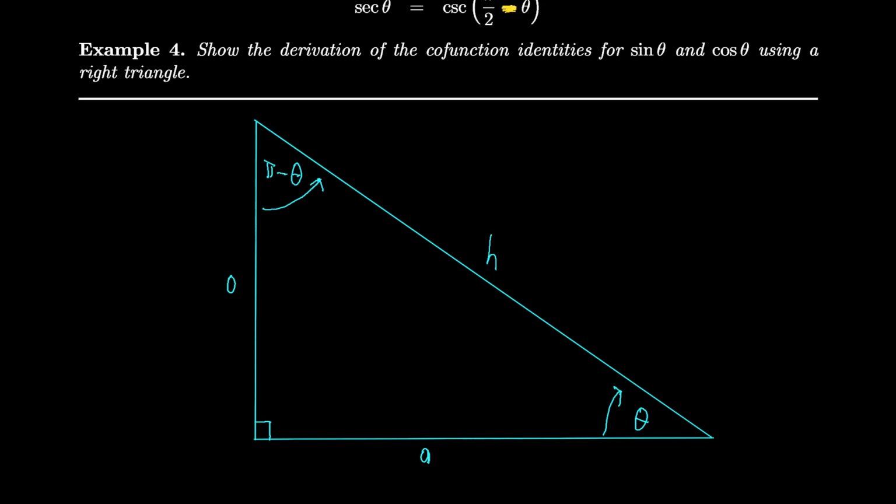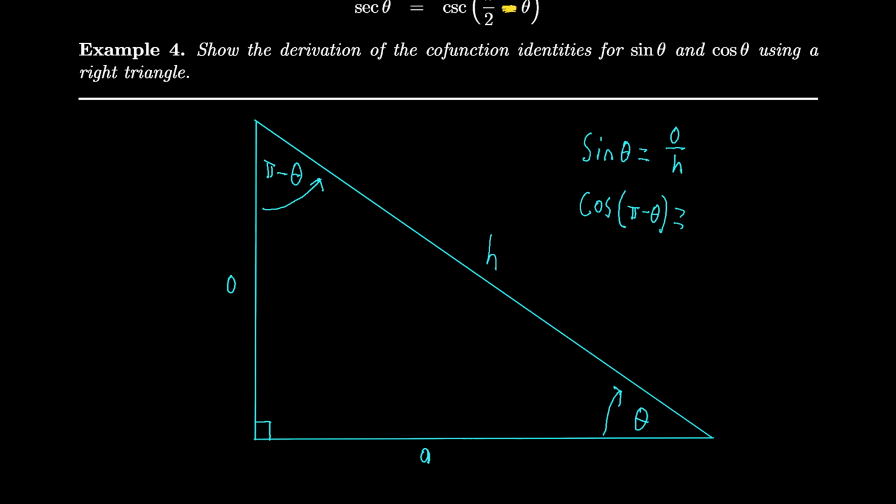Okay, now let's use sine and cosine. So look here: sine of theta is, by definition, opposite over hypotenuse. Now, let's take a look at cosine of this other angle, the cosine of pi over 2 minus theta, which is its own angle.